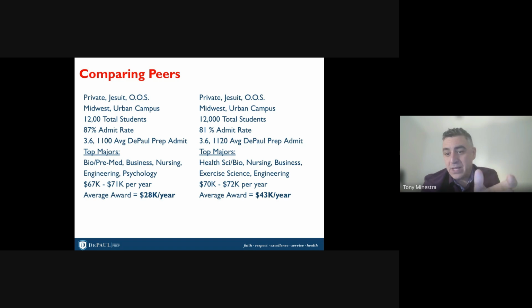Now, the difference there is typically because some majors cost a little bit more than others. Some housing options are a little higher than others, but generally speaking, we're talking about 70K for each school, okay? However, the average award, right, the average merit award from school A is between 25 and 30K, whereas school B, the average award is over 40K.